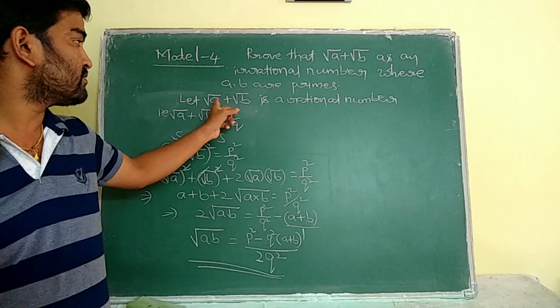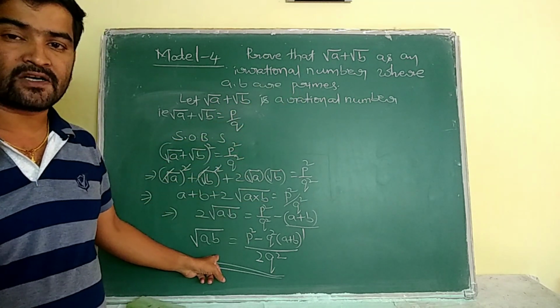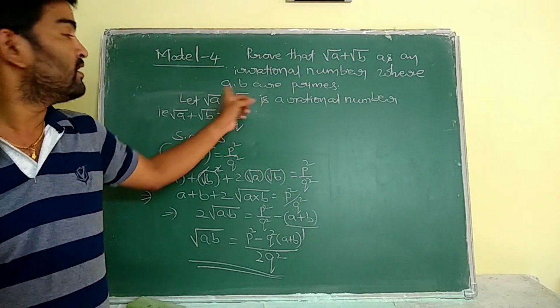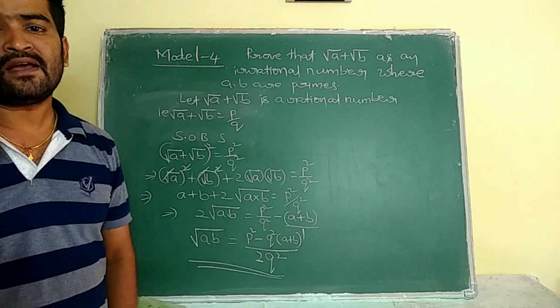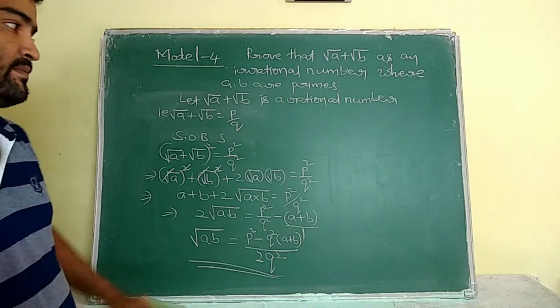Here our assumption is that root a plus root b is a rational number, but we obtained a contradiction. That means our assumption is wrong. Our assumption being wrong means root a plus root b is an irrational number. For that, here we have to write that statement.